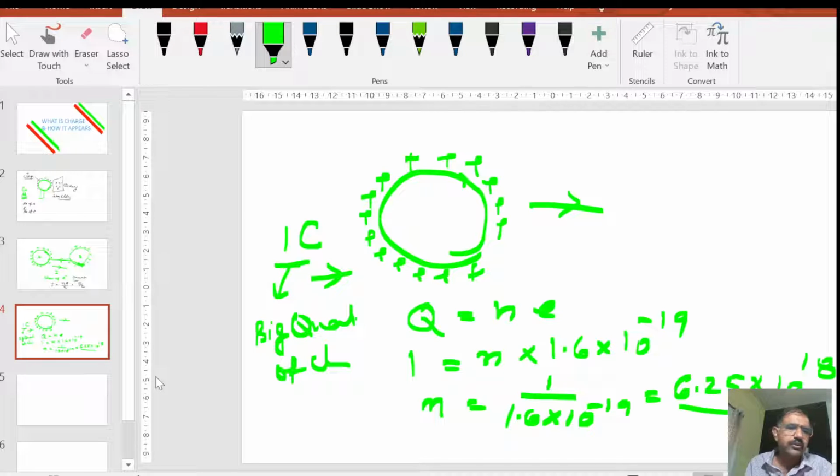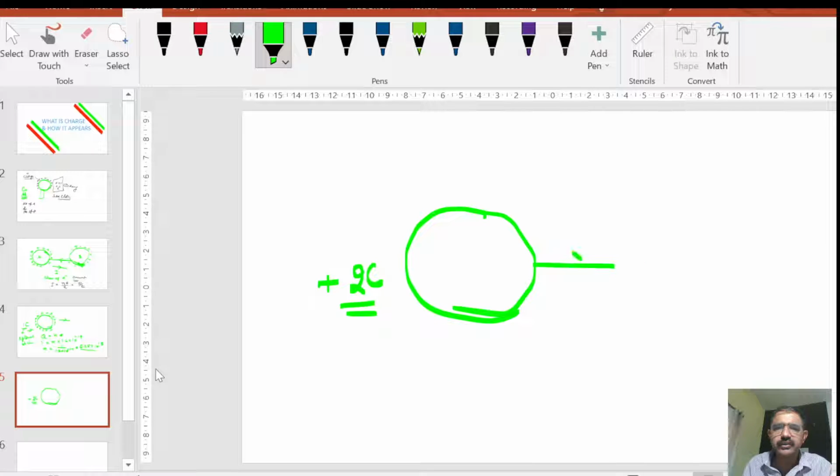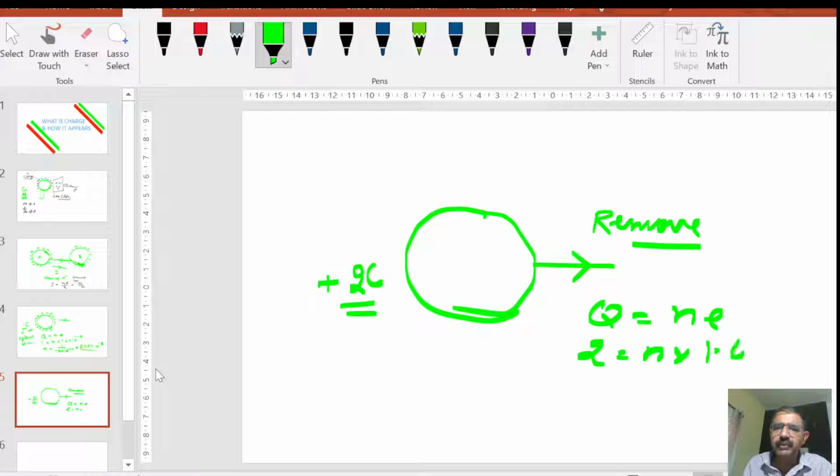So I think you understood how the charge appears and how we can calculate the amount of charge. Suppose someone asks you, if a sphere is there and I want to charge it by plus 2 coulomb, how many electrons do I have to remove from this sphere so that it acquires a charge of plus 2 coulomb? So again the formula will be Q equals N into e, but I will put 2 for Q, N I have to find, e will be 1.6 into 10 raised to power minus 19.